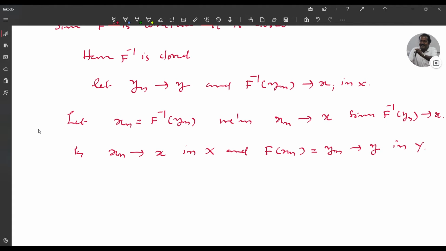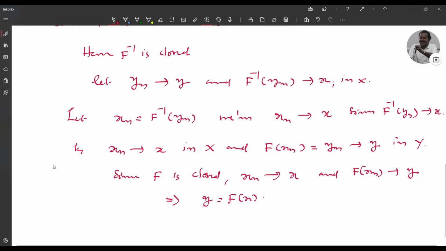Now since f is closed, xn converges to x and f of xn converges to y implies y equal to f of x. So this implies x is equal to f inverse of y. Therefore f inverse is closed.